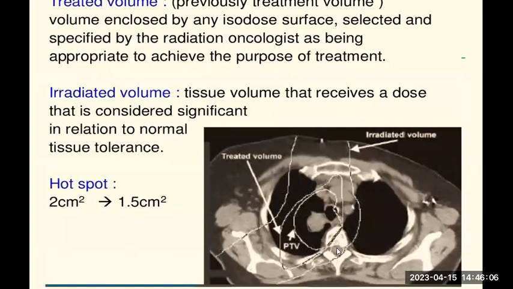the normal tissue should have a tolerance to handle the beam. So in the irradiated volume, for example, if 2 centimeters square is the spot, they will shrink it to 1.5 centimeters square.